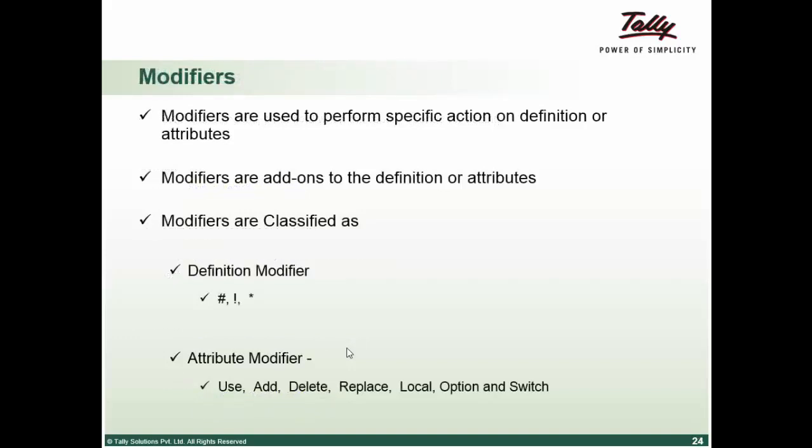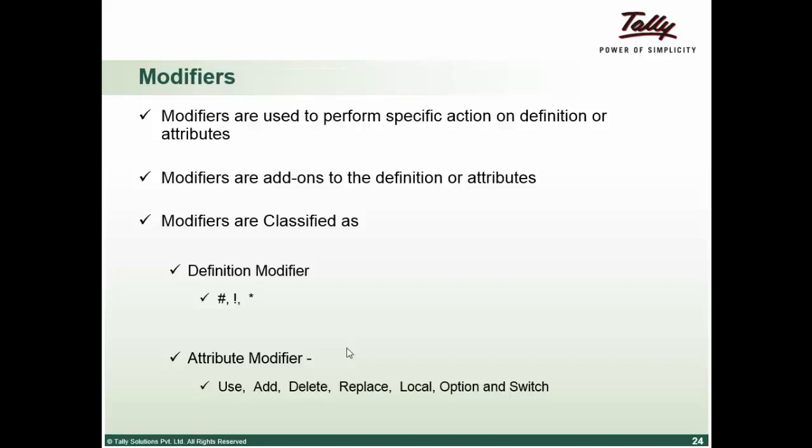Then we have modifiers. So modifiers are used to perform specific actions on definitions or attributes. They are classified as definition modifiers and attribute modifiers. In definition modifiers, we have hash, exclamation and asterisk.